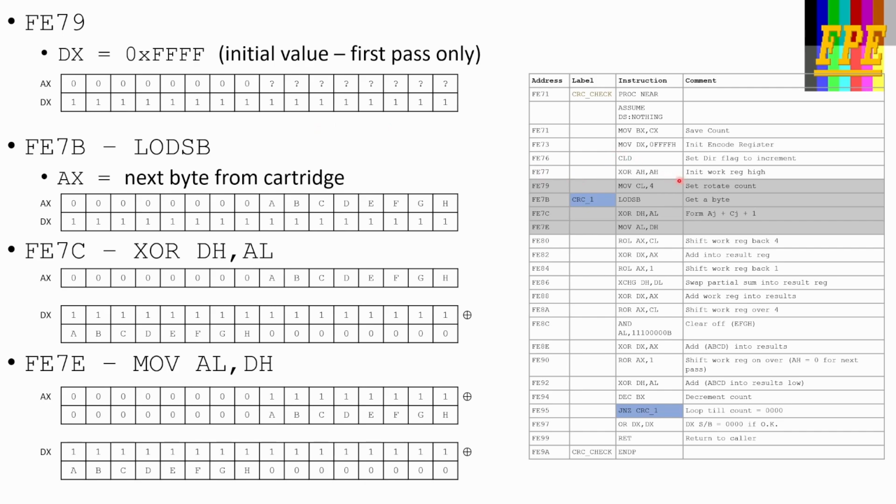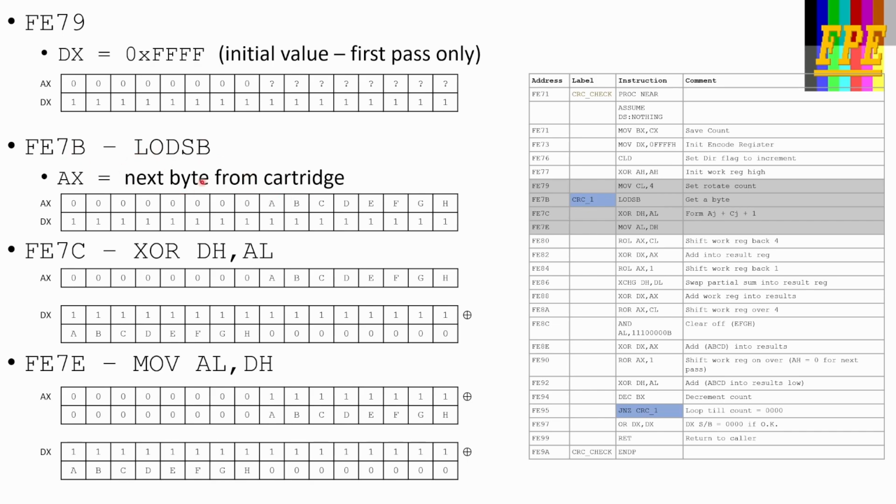The first thing it does is clear out the high bits on AX, and the low bits are whatever was in there before. And then the DX register, for the first pass at least, is all ones, the FFFF sequence. On subsequent runs, this DX will just be whatever was remaining from the previous byte calculation of the CRC.